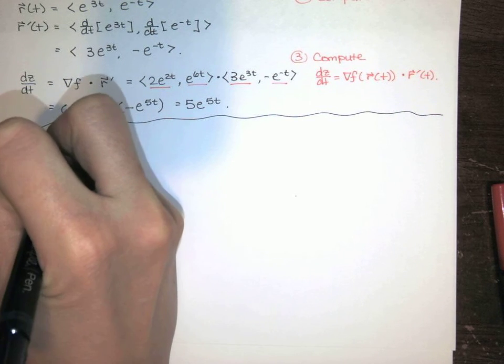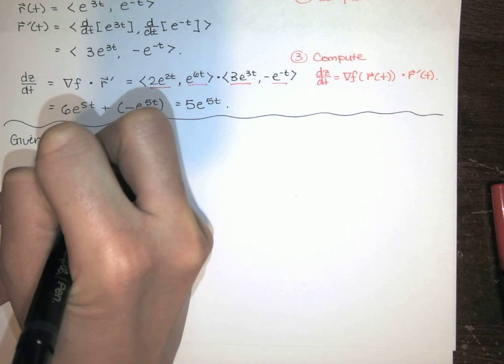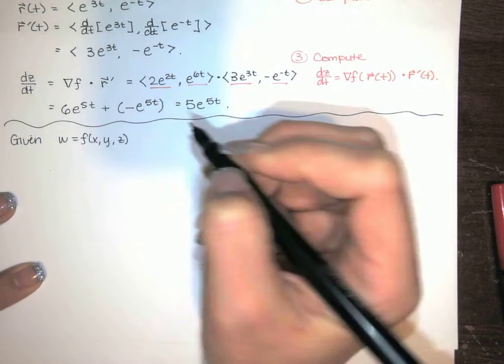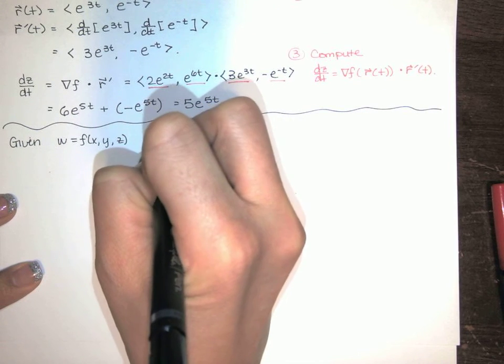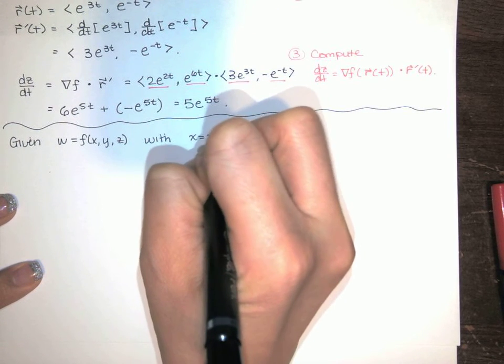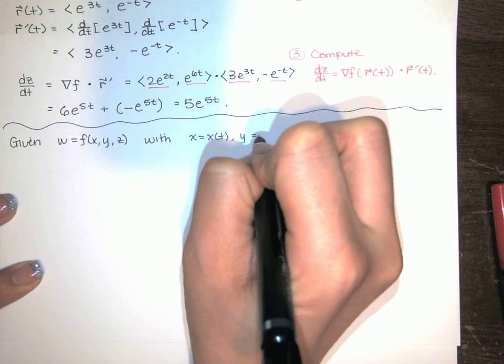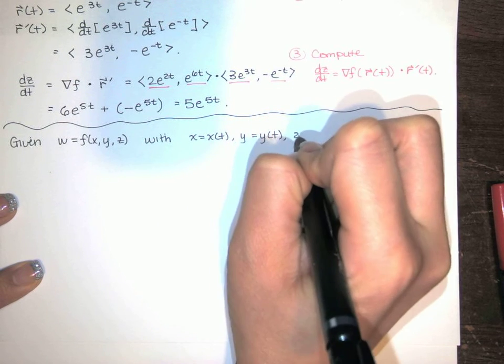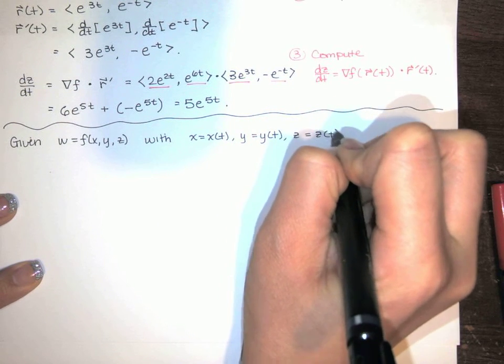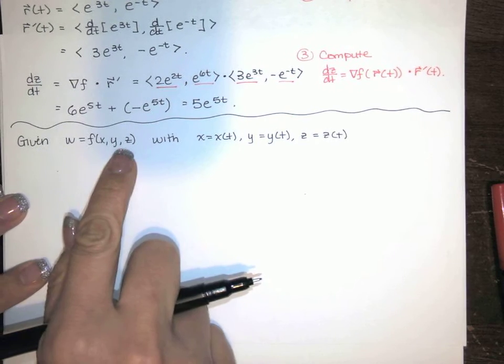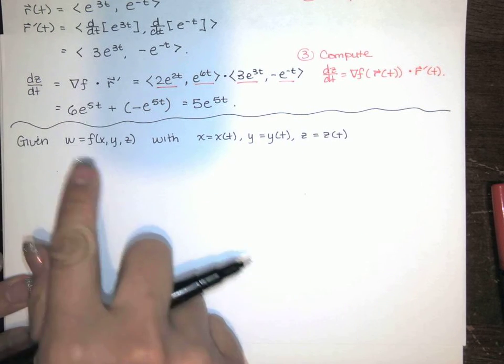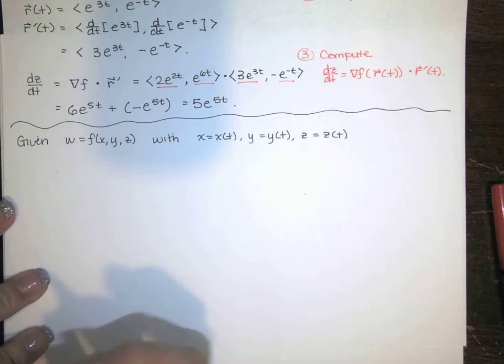So if we're given that w depends on x, y, and z, and x, y, and z all depend on t, if I replace x, y, and z with these functions of t, I end up with an entirely new function of t.